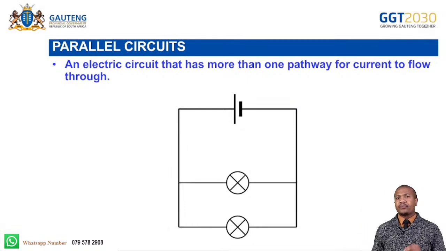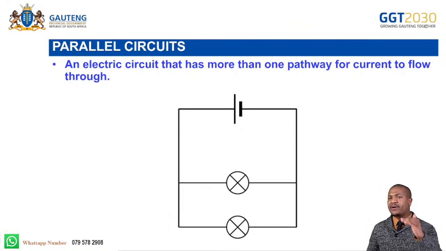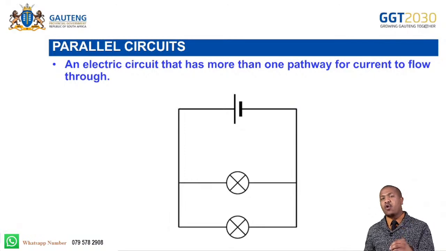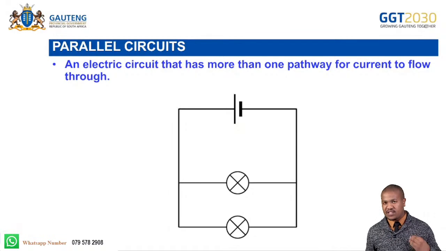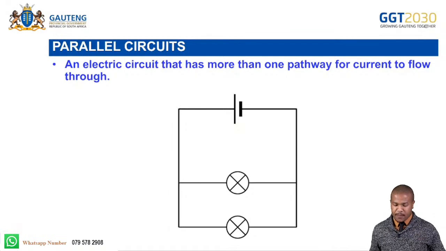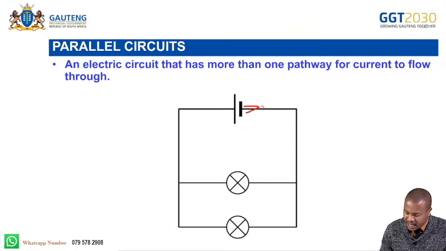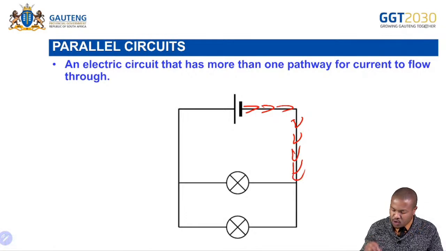As we said even in our previous lesson, the current flows from the negative terminal of the battery to the positive terminal of the battery. So when you look at this now, the current flow would be in this direction. But look at this now.